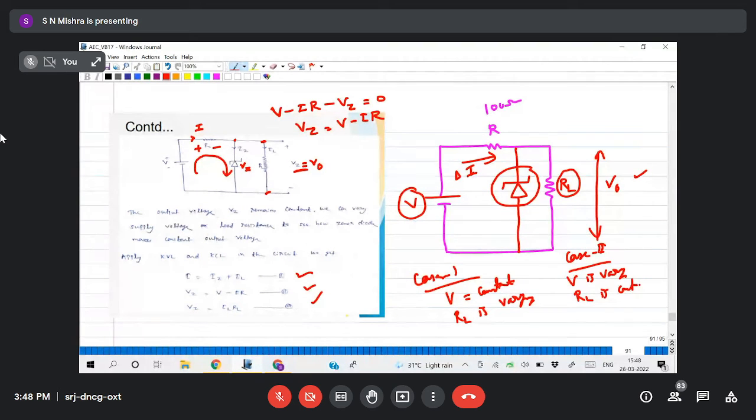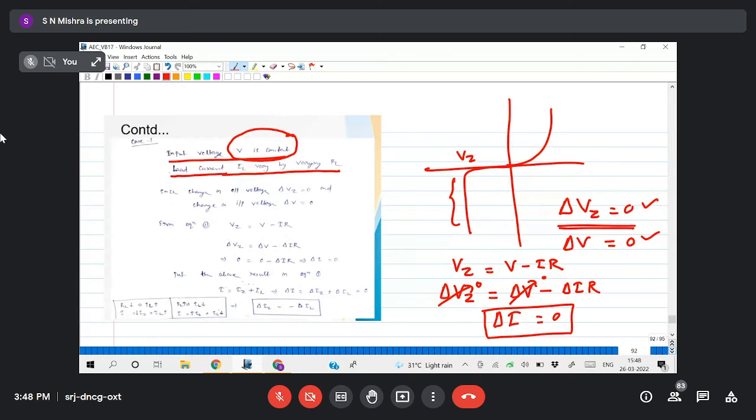So source is constant, so current is also constant through the circuit. From observation we can deduce that, and from mathematical calculation also we have reduced to delta I equals 0. Now we'll put the same thing in equation 1. What is my equation 1?